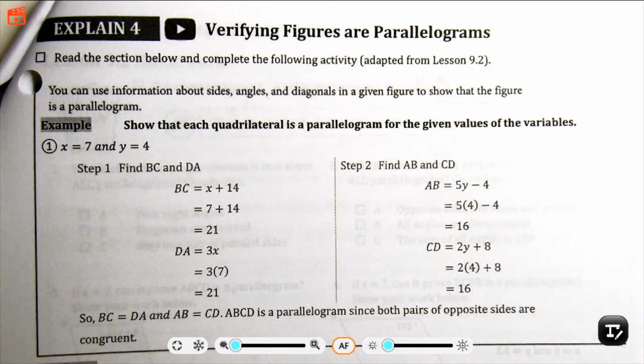Next, let's try NL, and that is 4x minus 10. So we're going to be doing 4 times 6 minus 10, which is 24 minus 10, which is 14. So NL is 14. Next, we're going to try MN. MN is 6y plus 1, but y is 3.5, so 6 times 3.5 plus 1.